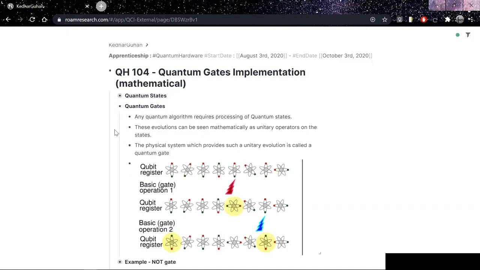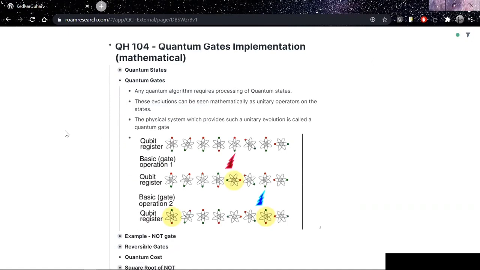In any quantum algorithm or function, of course the states are being processed. This processing is more than mere flipping of states. In classical, zeros turn into ones and ones into zeros, so that's just mere flipping. Here we rather call them evolutions, and mathematically these are nothing but operations on those column vectors.